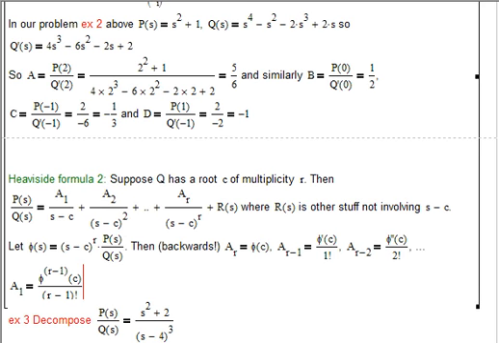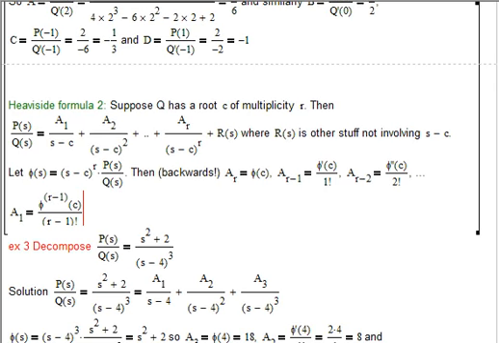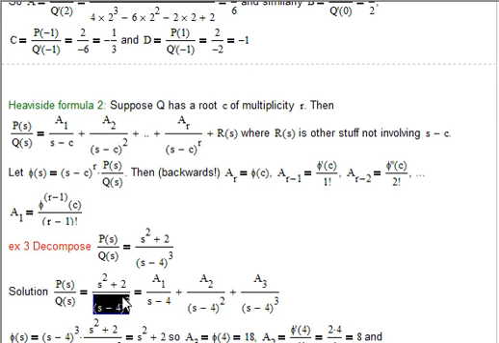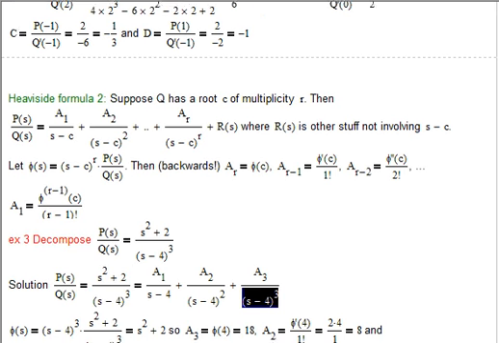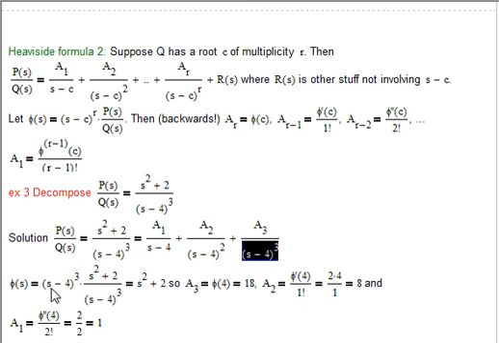Now here's an example of Heaviside Formula 2. Suppose we wanted to get a partial fraction decomposition of something like this. We say, well, we've got s minus 4 cubed, so we need s minus 4, s minus 4 squared, and s minus 4 cubed. And so our phi of s is s minus 4 cubed times s squared plus 2 over s minus 4 cubed, so it's just s squared plus 2.